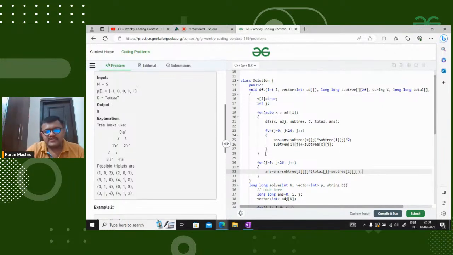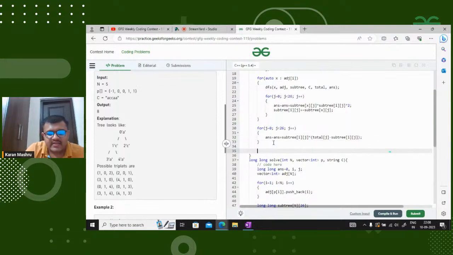That will also form a simple path. Okay. So that's one thing, and at the end we will increment the count of these characters. So subtree of I and c of I minus 97 plus plus.